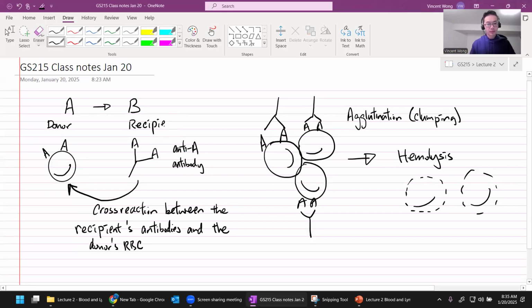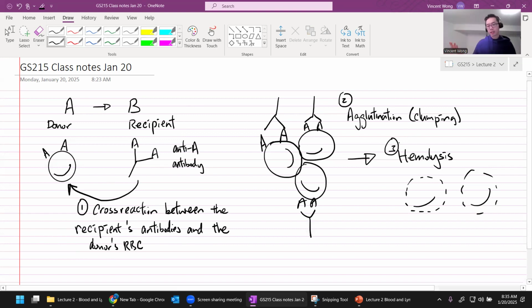Missing an I here. Okay. And the cross reaction will lead to agglutination, all these things clumping together, and finally it will lead to hemolysis. So all the transfused red cells will basically burst, and that's going to make the situation worse, right?